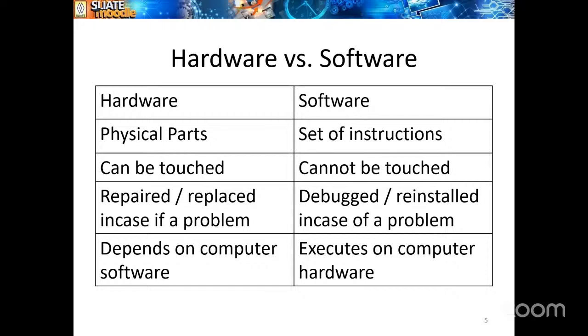We can't touch and feel those queries or program codes. They are virtual. Okay. So the hardware can be touched, but the software cannot be touched. We can only view it with our vision.